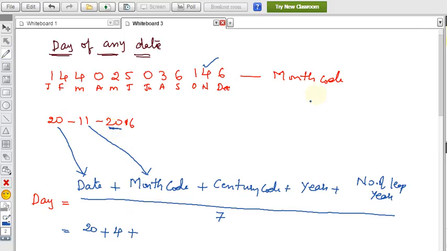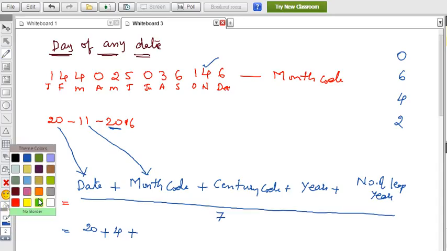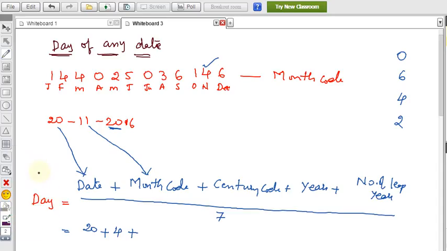So the century codes I'll write here. You just need to remember 4 numbers, that is 0, 6, 4, 2. These are all even numbers. So if you remember these 4 numbers, you can remember the century codes. So let me give that.